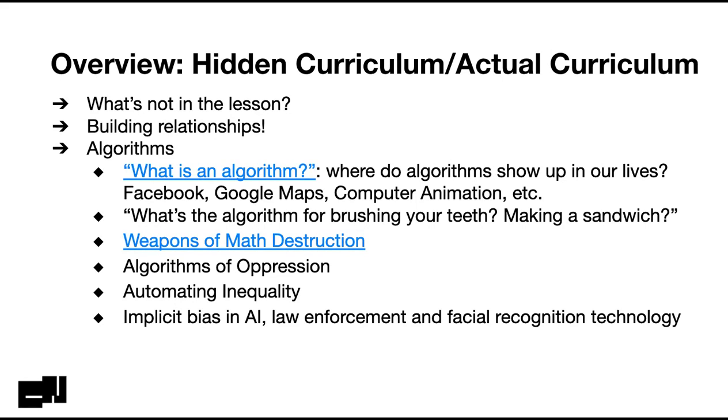Building relationships becomes really important at this point, and it is going to stay really important. If we're building relationships in October, they're going to carry us through to Unit 7 when things are getting tough for students.